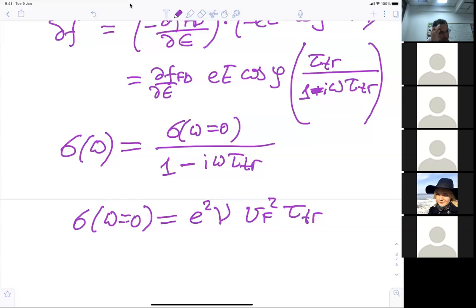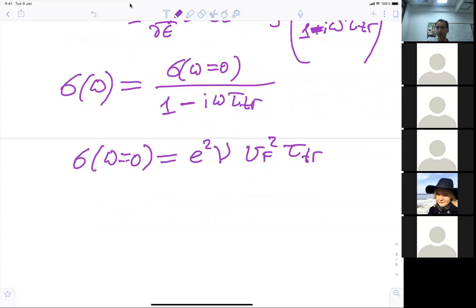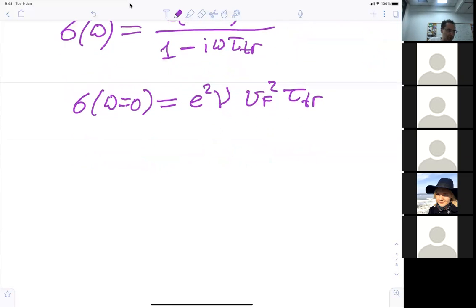Okay, so let us now play with these results a little bit. Try to look at them and understand them from different perspectives. So we solved this problem in the frequency domain. Let us look at this equation in the time domain and try to see what it means if we don't do the Fourier transform.